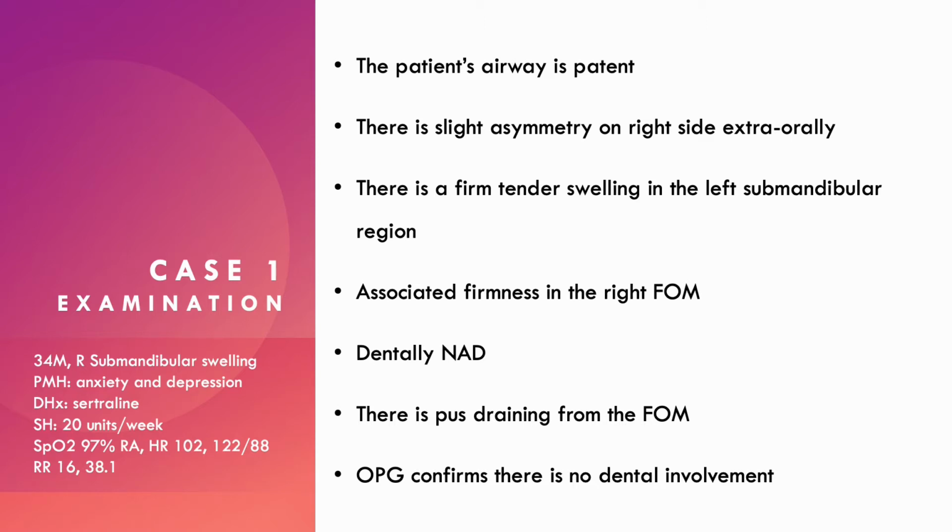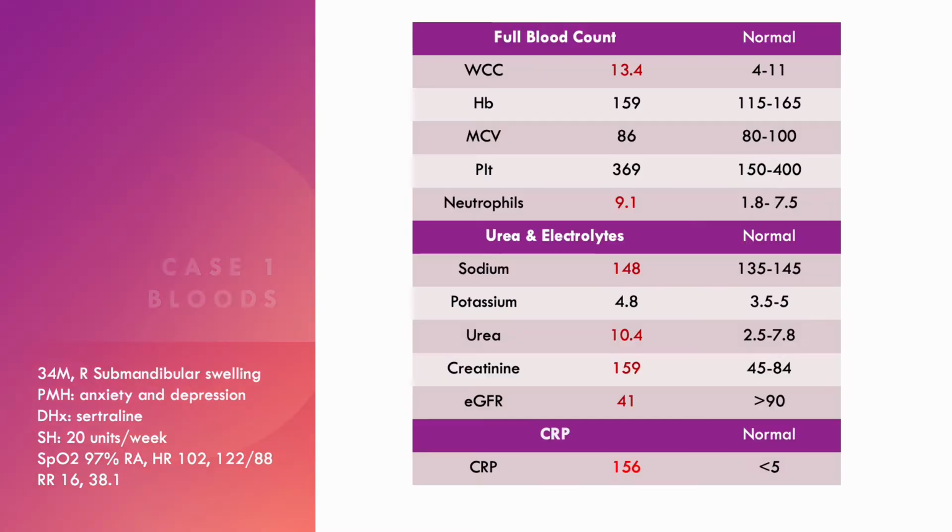You get an orthopantomogram or an OPG, and this confirms that there's no dental involvement. So using your clinical knowledge, the examination confirms that this is likely a sialadenitis associated with the right-sided submandibular gland.